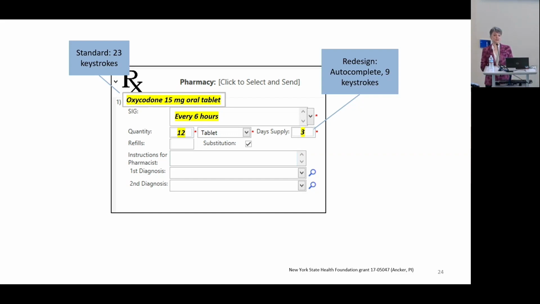So if you wanted to send that patient home with 3 days supply, it was only 9 keystrokes. If you wanted to send them home with a month, that's fine. You didn't have to justify your action or get audited or explain what you're doing. All you had to do was type over these things. So again, a pretty gentle nudge here, but a lot of keystroke savings.